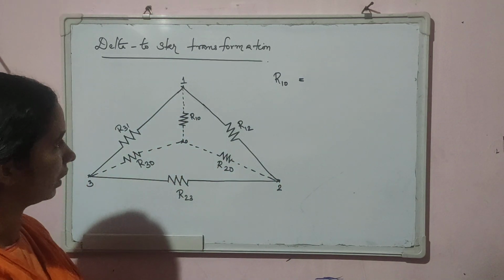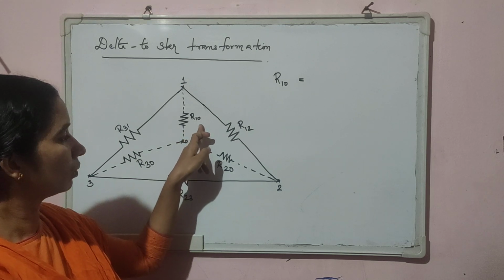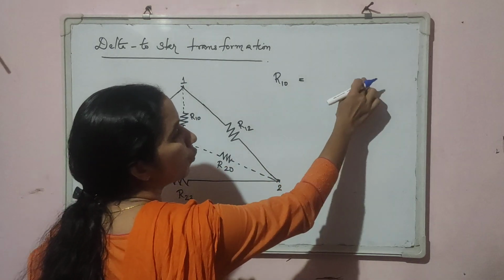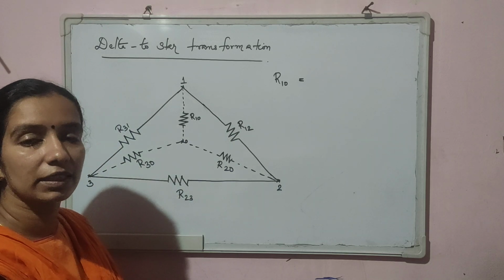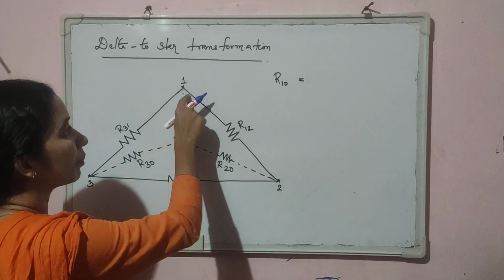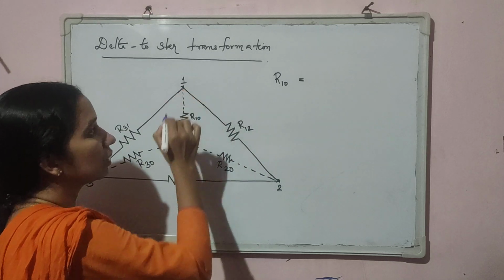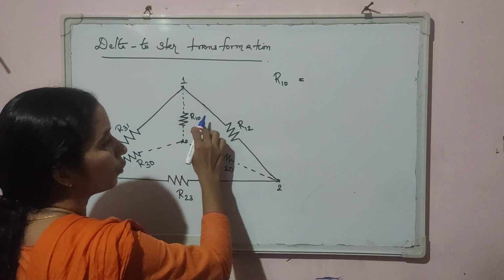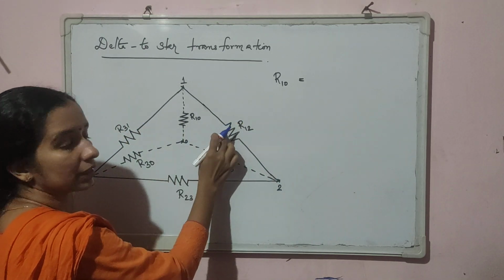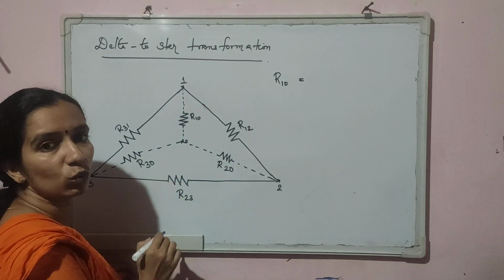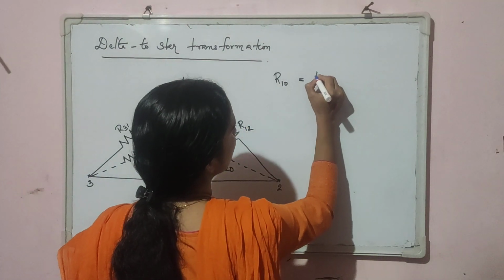So while calculating R10, the numerator will be the product of those resistors which are connected to terminal 1. R10 is the resistor which is connected to this terminal 1. So the numerator will be the product of the 2 delta connected resistors which are connected to this terminal 1. That is R12 into R31.